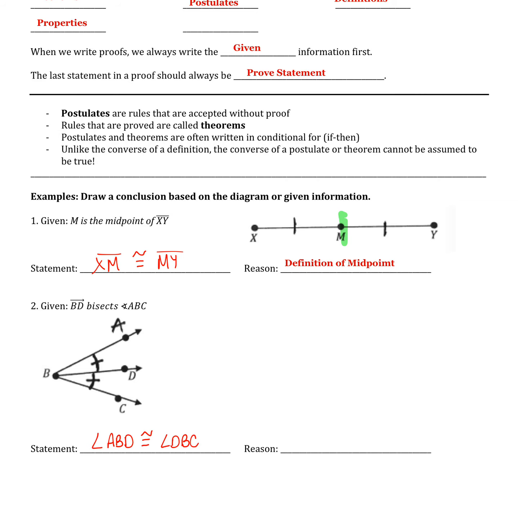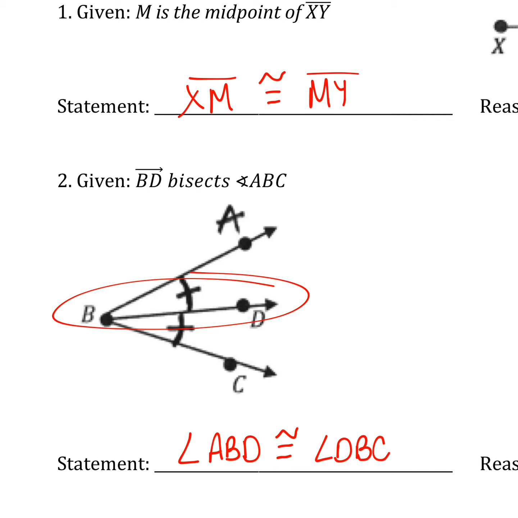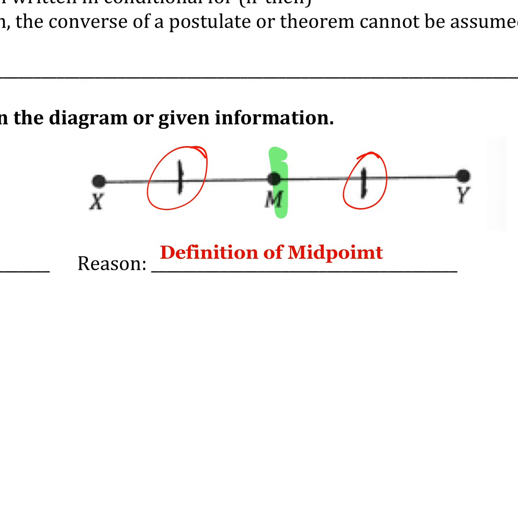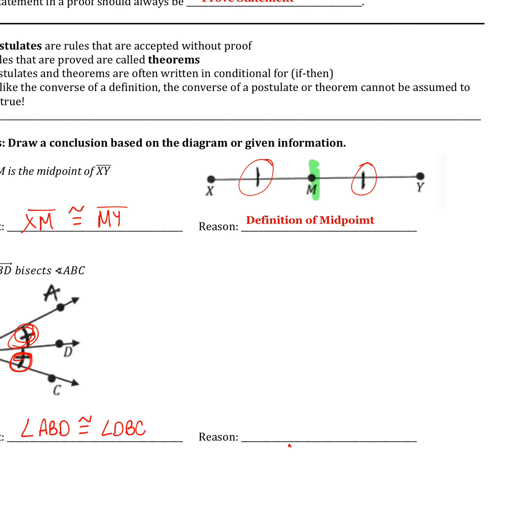What that's saying is, because BD bisects that angle, it cuts it equally in half. And these little halo tick marks also show congruence, much like the tick marks on our lines did above it. And that reason is the definition of an angle bisector.